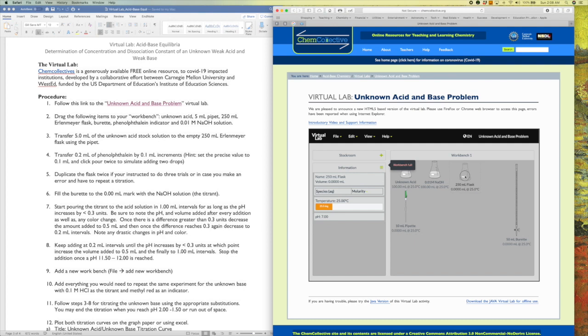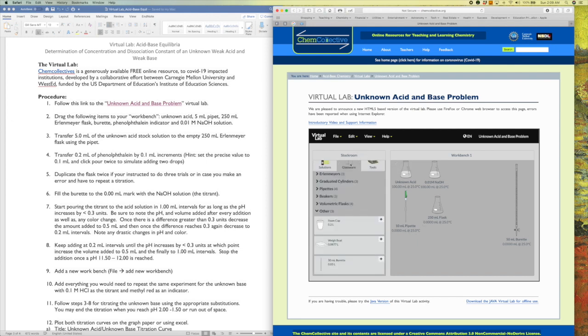And so the last thing I need for this titration is an indicator, because I want another way of determining the endpoint of my titration.